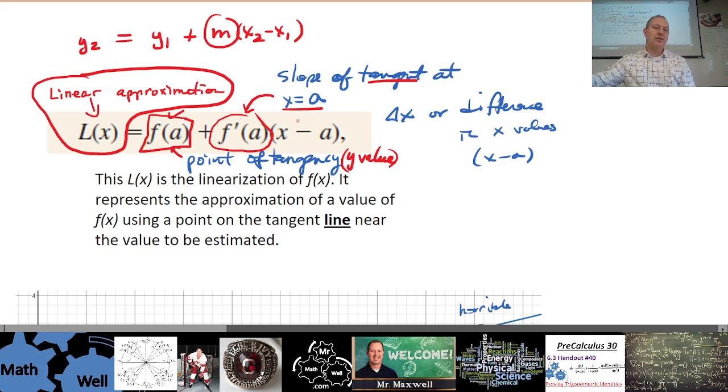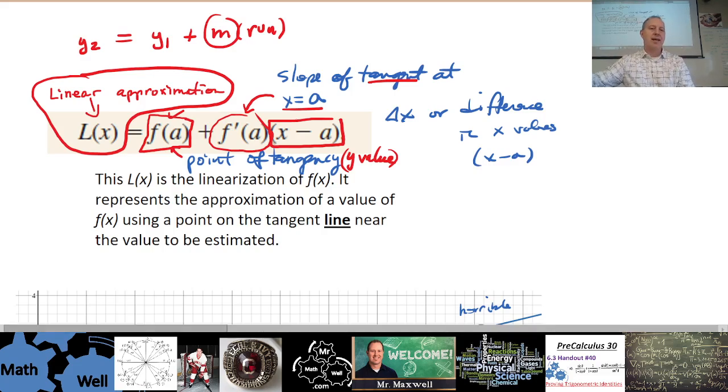Now let's take this x minus a as a whole. Remember, this is the run. So I'm going to rewrite this now as the run. That's just the difference in x values. So a is your x value of the point of tangency. This x is another x value that's just beyond or just before the point of tangency.